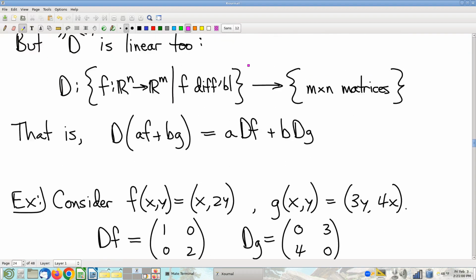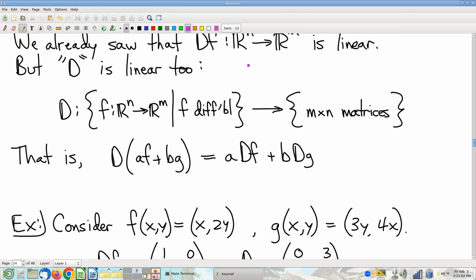Keep in mind the linearity assertion is that if I do a linear combination of those derivative matrices, or if I were to find a new derivative matrix of the linear combination of those functions, I should get the same thing either way. So let's check that out and see if that worked.